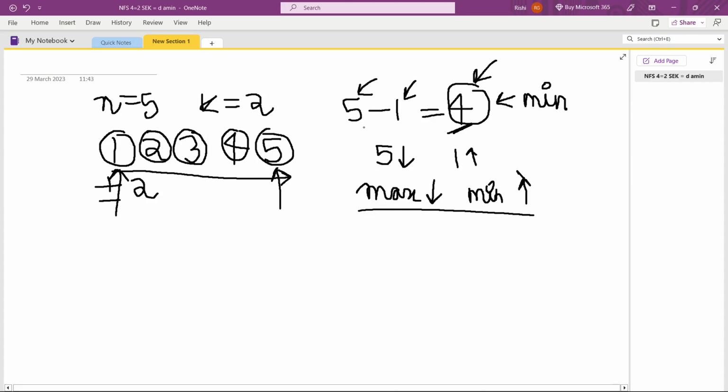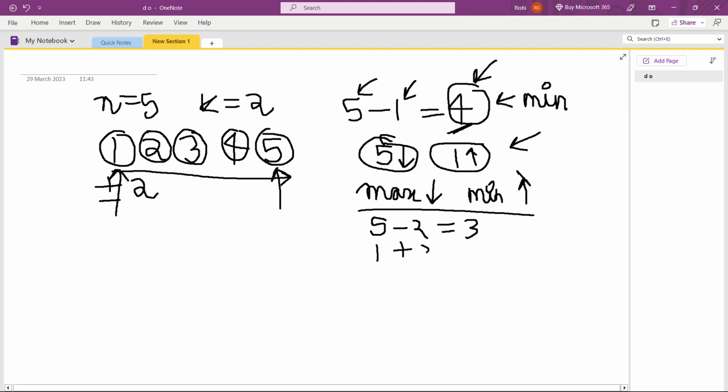So what we can do is subtract 2 from 5, which will give us 3, and add 2 to 1, so that will also give us 3.